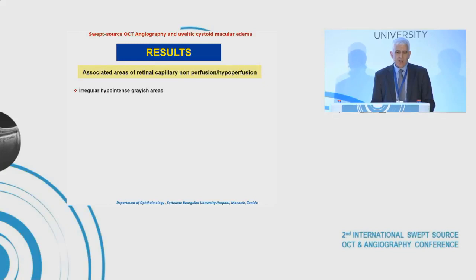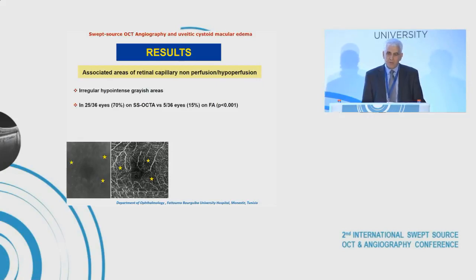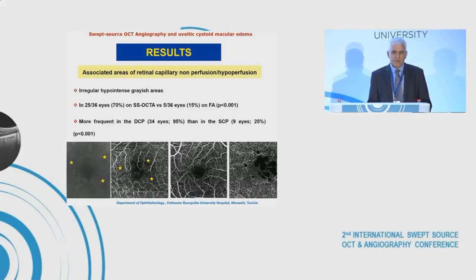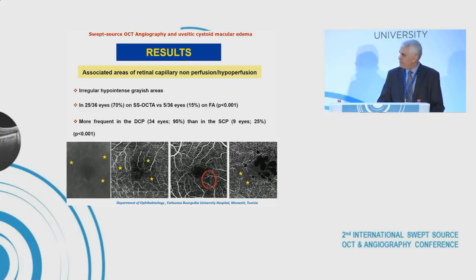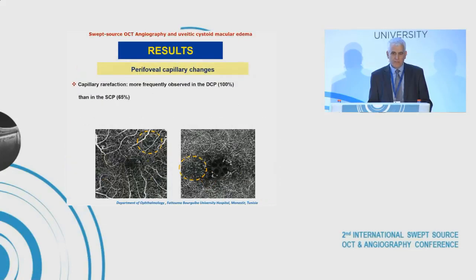Associated areas of retinal capillary non-perfusion or hypoperfusion, presenting as a regular hypointense grayish area, were much more common on swept source OCT angiography than on fluorescein angiography. These capillary non-perfusion areas were more frequent in the deep capillary plexus than in the superficial capillary plexus.